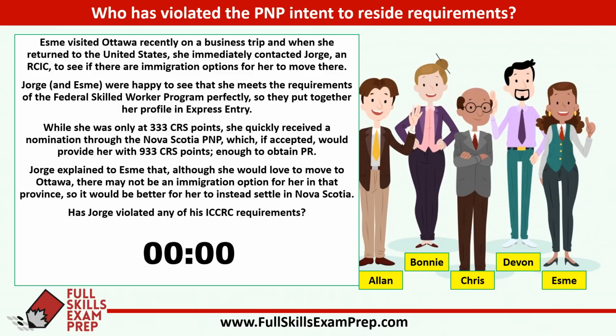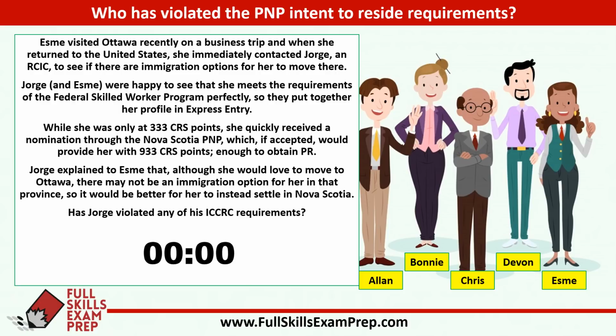Because for a person who exceeds the CRS cutoff score, so let's say she had 496 points, well, she can go anywhere really in Canada. If she wants to go to Ottawa, she can. If she wants to go to Vancouver, she can. Halifax, anywhere, right? With the exception, of course, of Quebec. Well, when we take a look over here, we can see how CRS points play a role in this. So she's at 333.